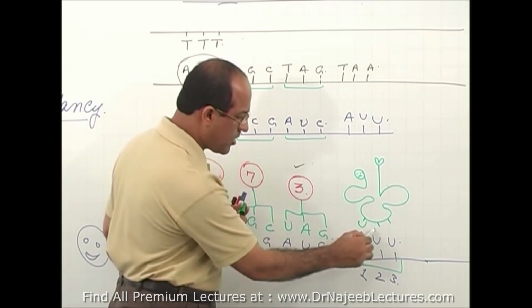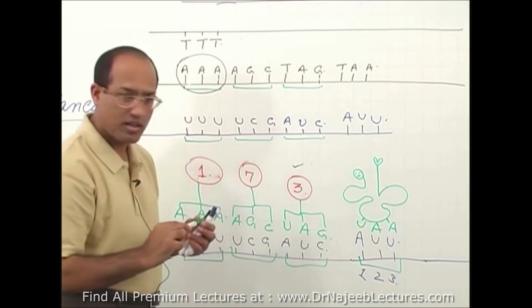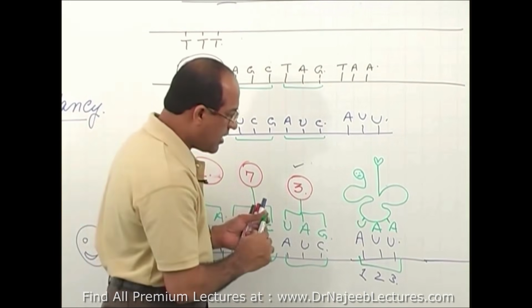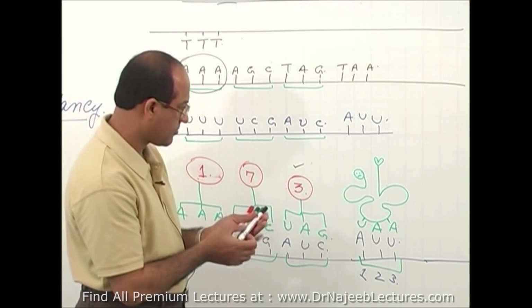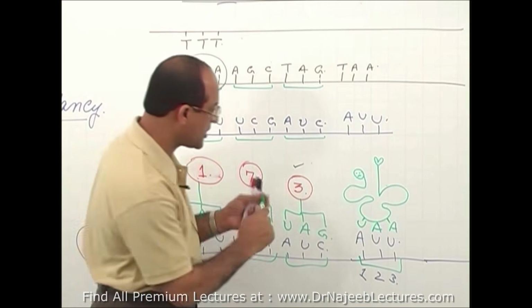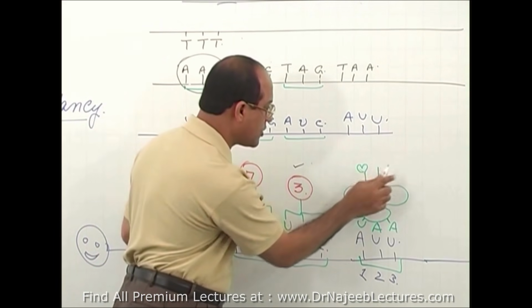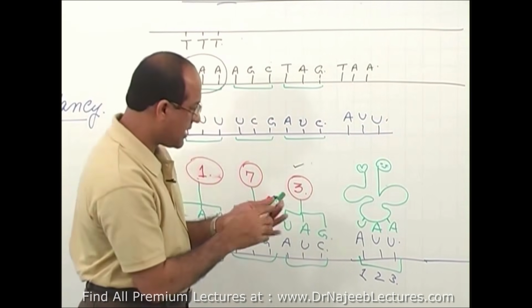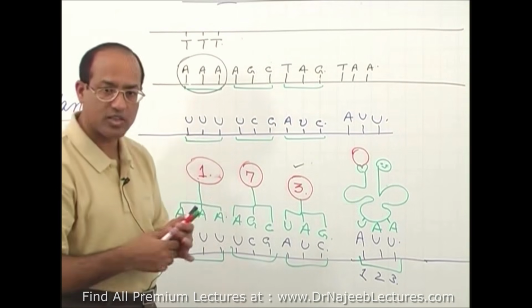U, A. Ideally speaking, they should be A, U, A. But you see, where is the 5' end of this? Okay, I have made a mistake here. This should be the 3' end, and here it should be 5' end. Please correct it. And here is the amino acid carried with the 3' end.